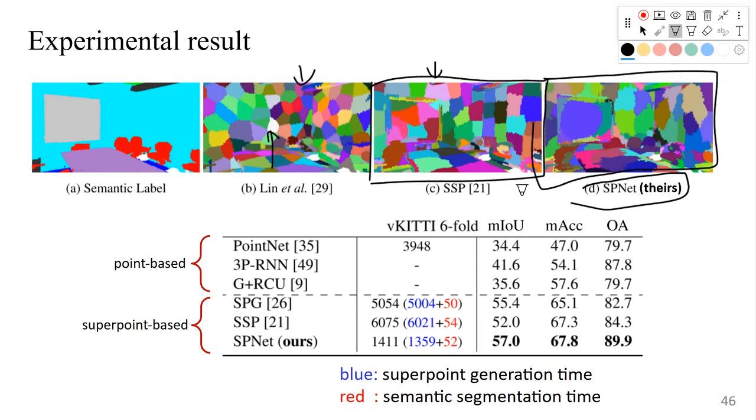And if we look at the qualitative results, every superpoint here belongs to the same semantic. It means that the homogeneous property can also be achieved by using this method. Here also belongs to the same semantic, and here too.